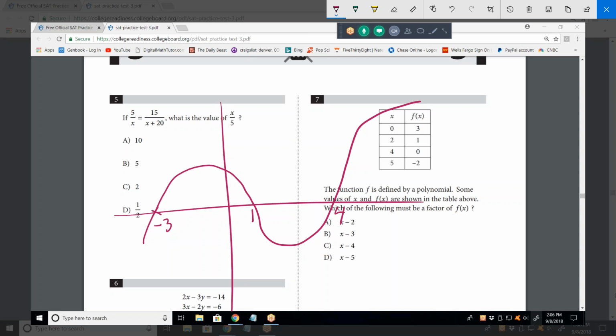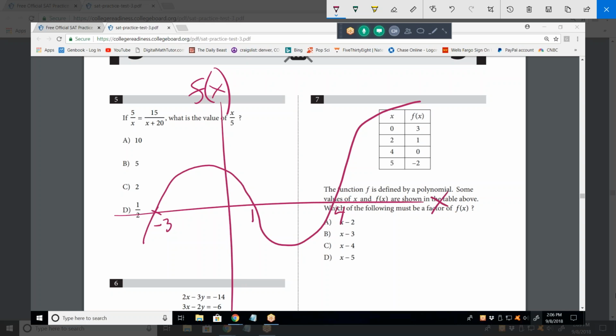Where on the x-axis do the 3 zeros appear? This is the x-axis. This is the f of x axis. So what 3 numbers are the x-intercepts at? -3, 1, and 4.